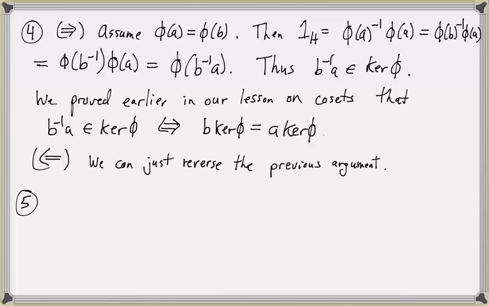So let's assume that the order of G is finite, and let's say that G to the power n equals the identity. So G has order n.